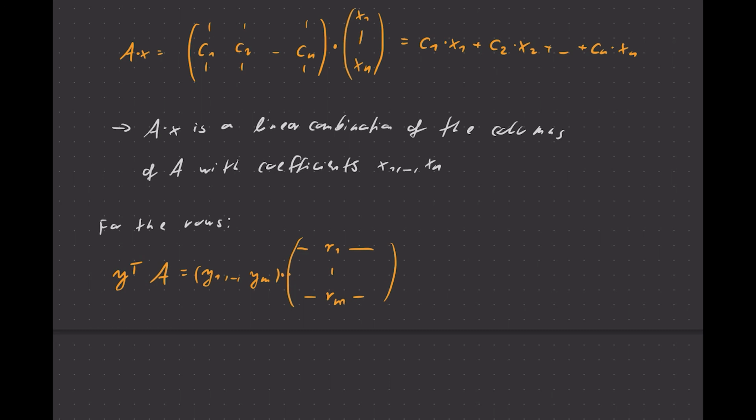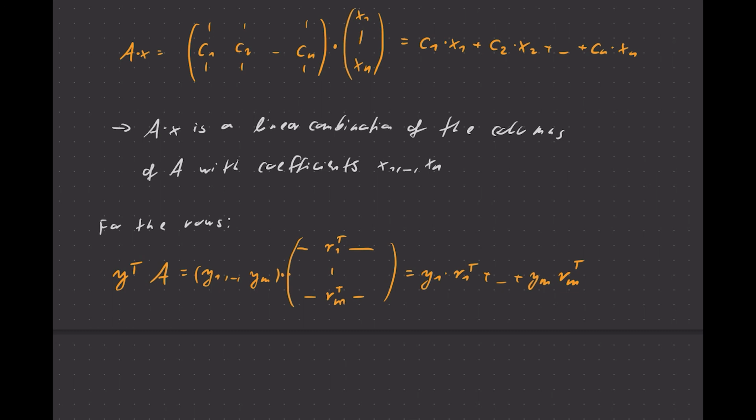And the result of this multiplication: y1 is always multiplied by an entry in row 1, y2 is always multiplied by an entry in row 2, and so on. So what we get here is effectively y1 times row 1 transpose, I forgot the transpose signs here, plus and so on up to ym row m transposed. So we have just one row as the result.